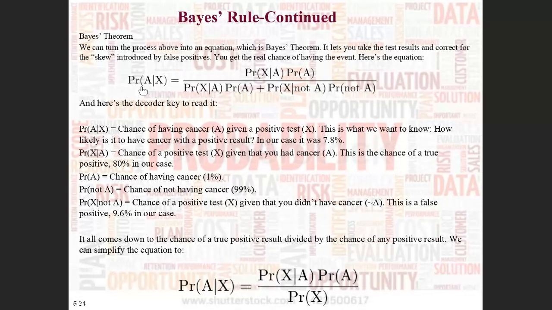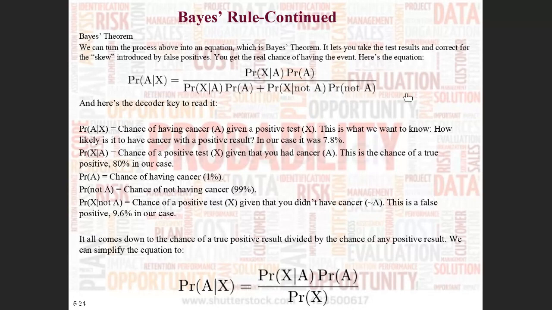You want to find the probability of A given X. On the top of the fraction, you have the probability of X given A times the probability of A. On the bottom, you have the probability of X given A times the probability of A, plus the probability of X given not A times the probability of not A.